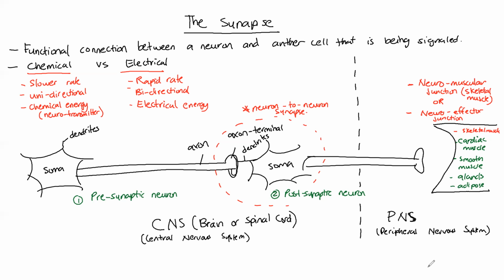Okay, so everyone understand how we can have different types of synapses, different locations, but it's essentially this functional region of communication where all of this action potential propagation that we've been speaking about. So we've been speaking about the action potential making its way down the length of our neuron like this. And so when it gets here, specifically for chemical synapses, we're going to have to convert that electrical energy to chemical energy in order for it to cross this junction.